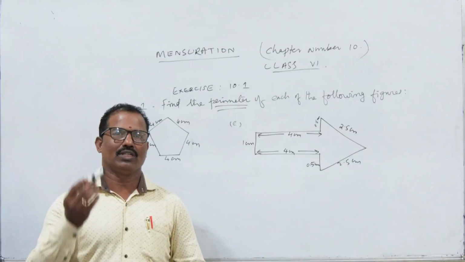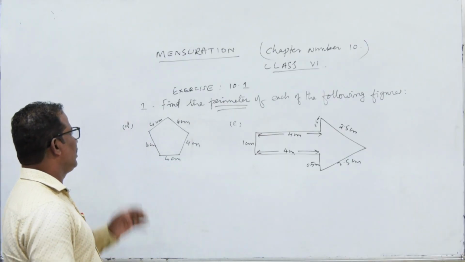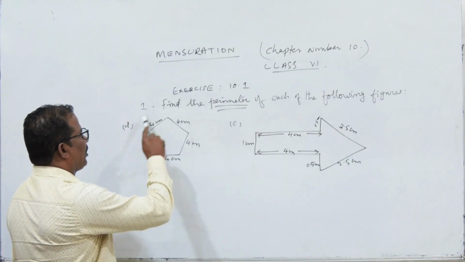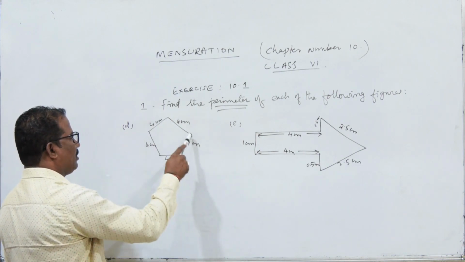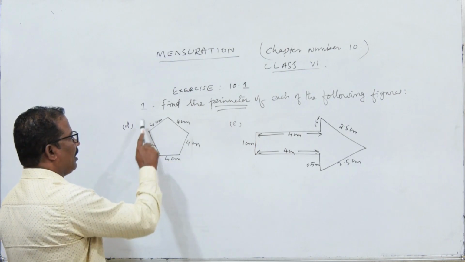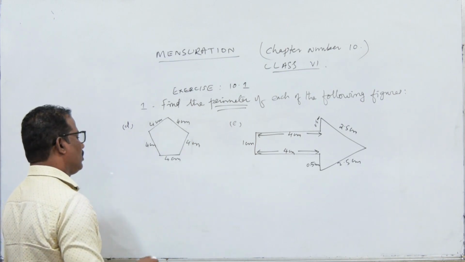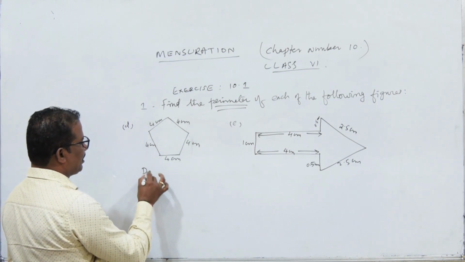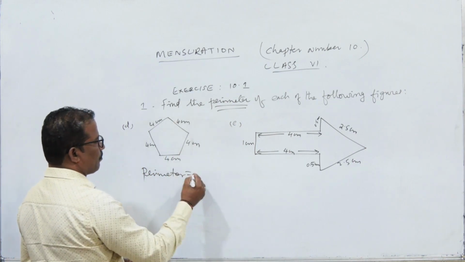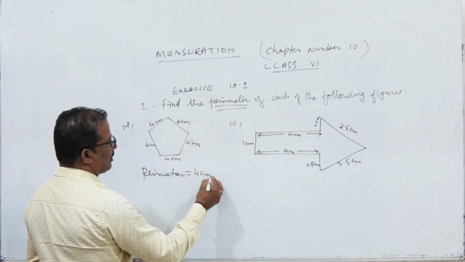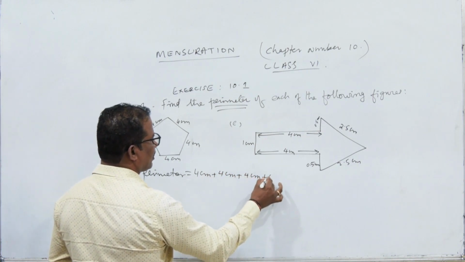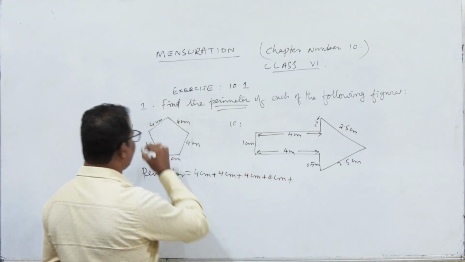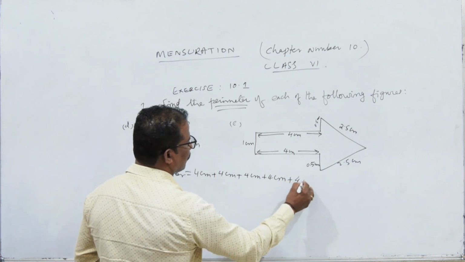Understand? Now see question number D, the perimeter of this figure. It has 5 sides, 1, 2, 3, 4, 5, and all the sides are equal. So we can find the perimeter this way: 4 centimeter, 4 centimeter, 4 centimeter, 4 centimeter, and finally the last side, 4 centimeter.